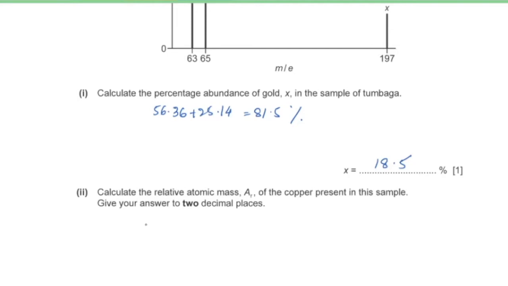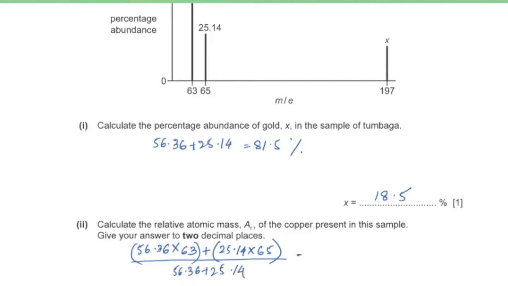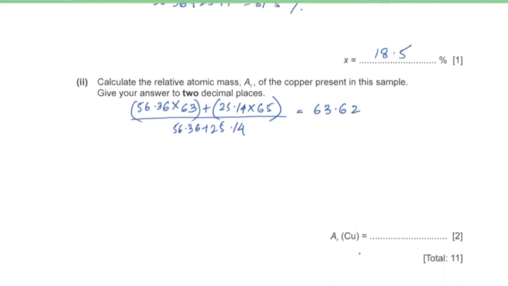So the first percentage abundance of copper present here is 56.36 multiplied by its mass, which is 63, plus the second percentage abundance of copper, which is 25.14 multiplied by its own mass, which is 65, and we will divide by the sum of the percentage abundances of copper present in here, that is 56.36 and 25.14, and this gives us 63.62. This is the atomic mass of the copper present in this sample of Tembaga.